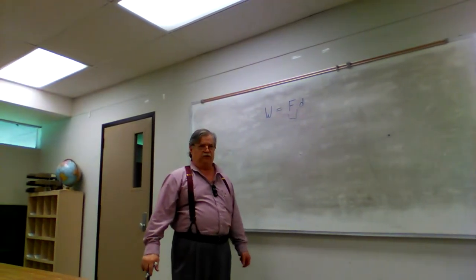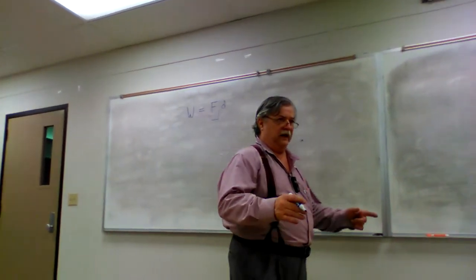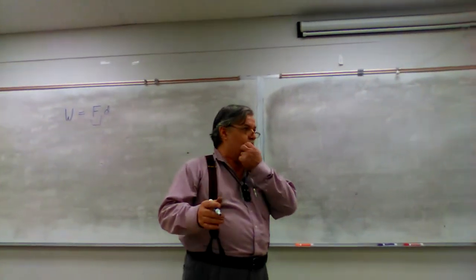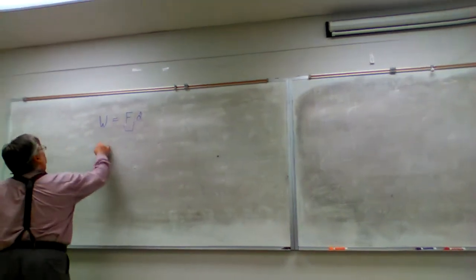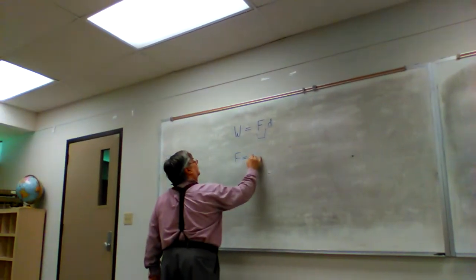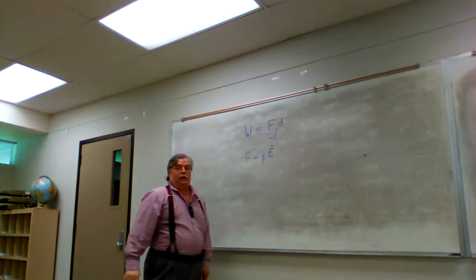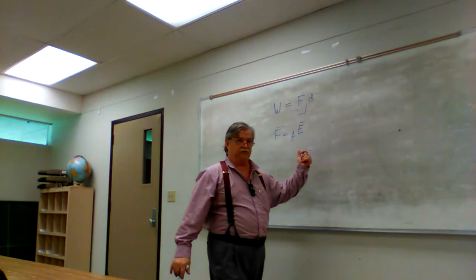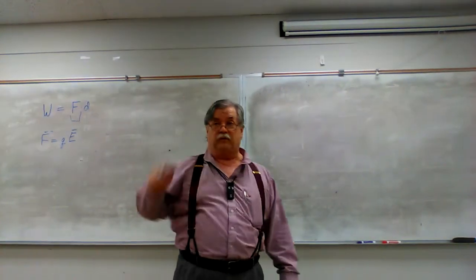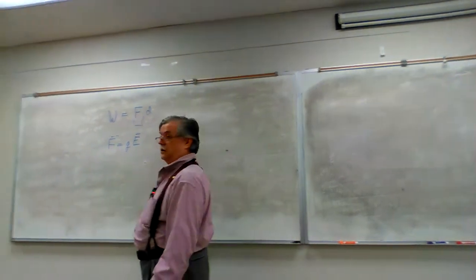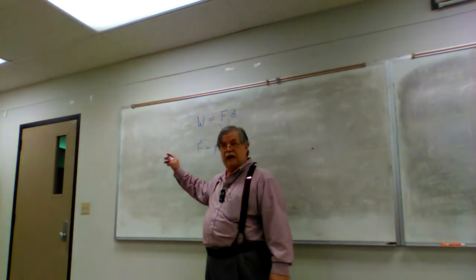The electric force, the force exerted on a charged particle by an electric field, is Q times E. The charge of the charged particle times the electric field is equal to the force exerted on that charged particle by the electric field.